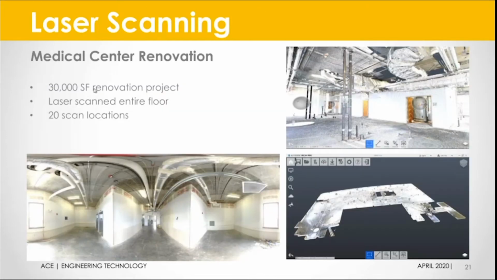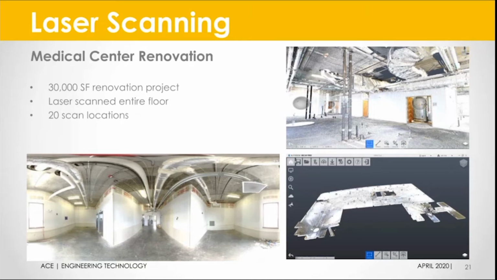The other option that we have for 3D constructability review is laser scanning, which you saw some examples of earlier on. And what we have here is an example of a medical center renovation. This is Holmes Regional. It is a 30,000 square foot renovation project, and we laser scanned the entire floor.